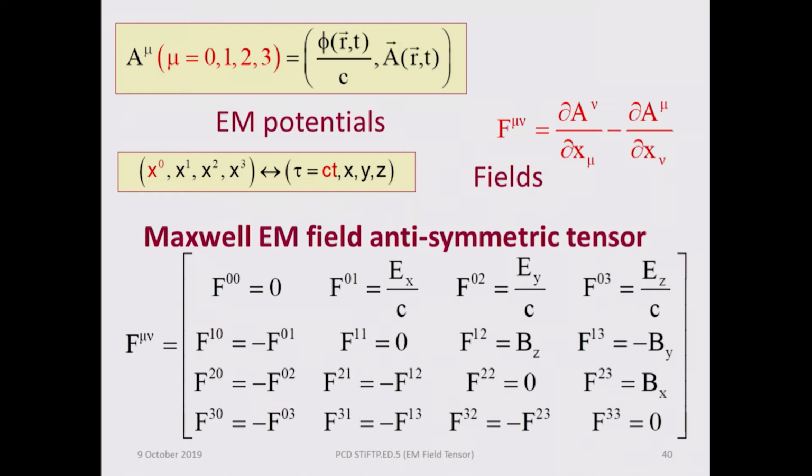And if you do it term by term, let nu take the 4 values 0, 1, 2, 3. So, can you see that for F0,1 you get Ex over c? Done? Do you get Ey over c now for F0,2? Just take the partial derivatives, take the difference. Got it?